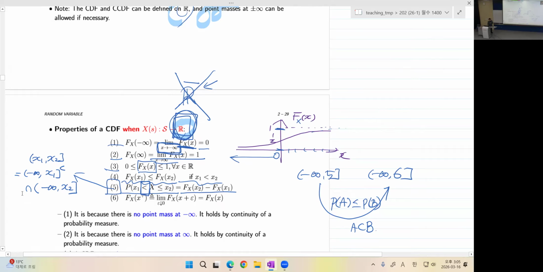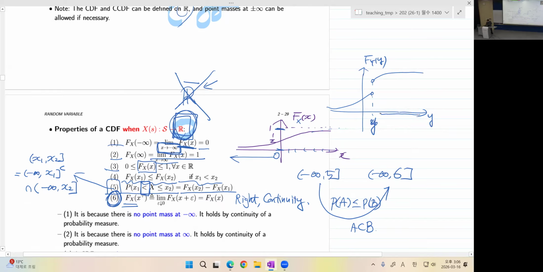Anyway, the sixth property is very interesting and is called right continuity. Why is it stated this way? Because the CDF may be discontinuous sometimes. Something like this. It may increase, but here we may have a jump. So at some x0, we have a jump in the CDF of some random variable.